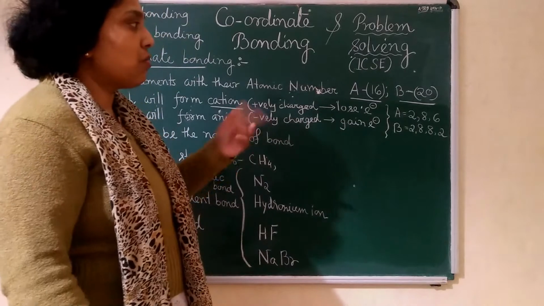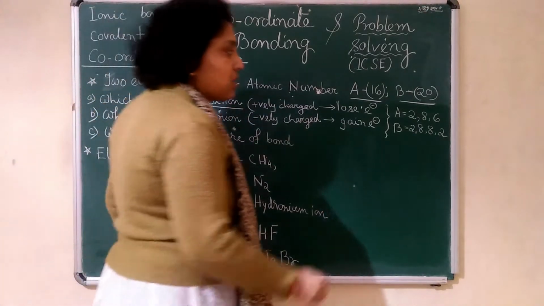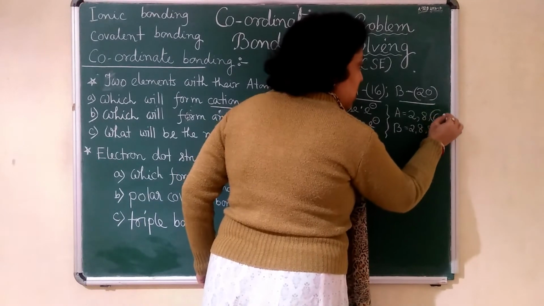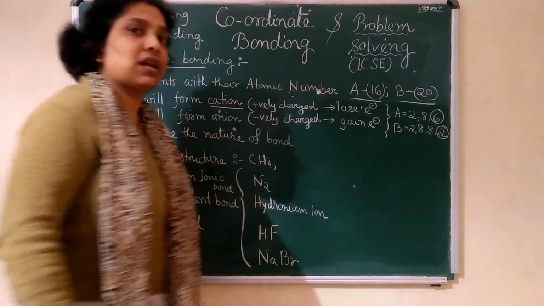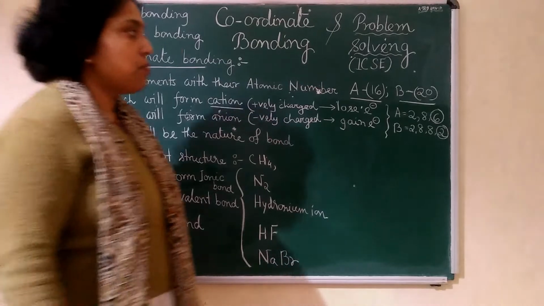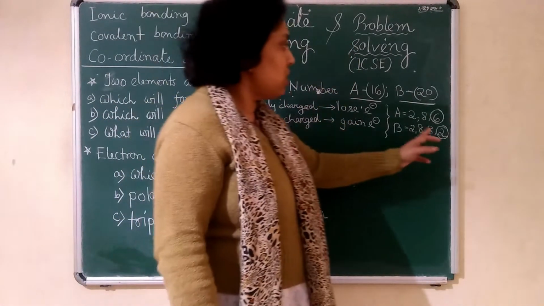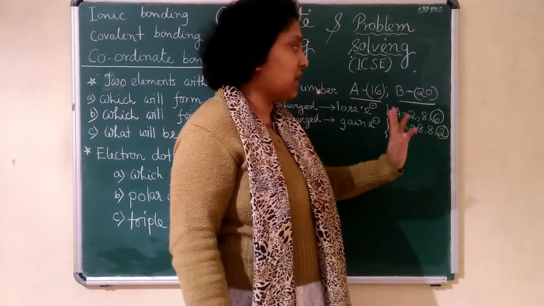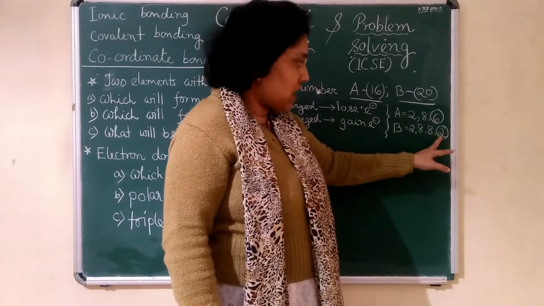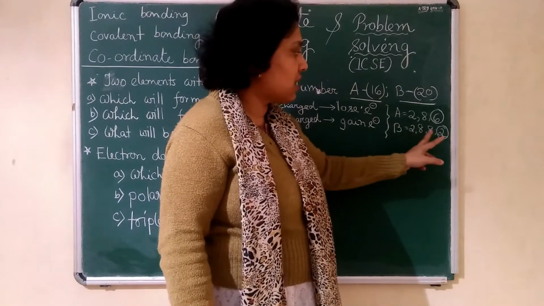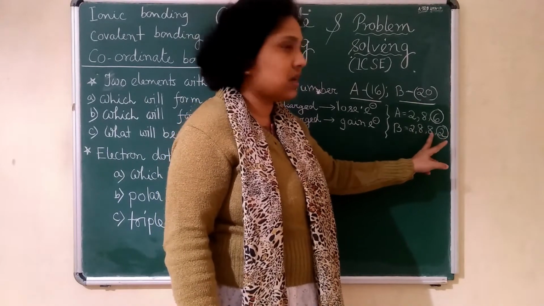Now among A and B, who will lose electrons and who will gain electrons? You have to think about the last shell electrons, that is the valence shell electrons. B has 2 electrons. Will it lose or gain? Yes, it will lose. Why? Because by losing it will get the argon configuration 2, 8, 8.